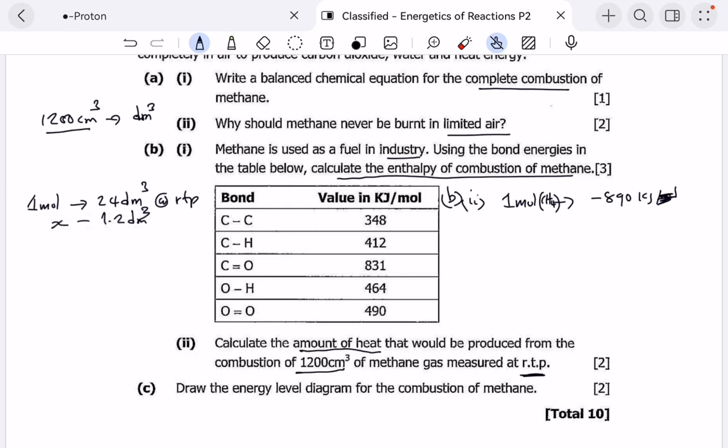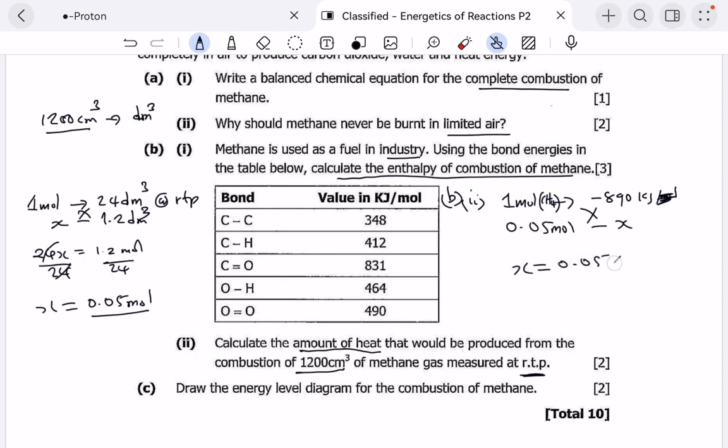Then how many moles? 24x is 1.2, divided by 24 on both sides, therefore x is 0.05 moles. So how much energy will be produced by 0.05 moles? We say x is 0.05 times 890 kJ. This gives us the energy of 44.5 kilojoules. That's how much energy can be produced.